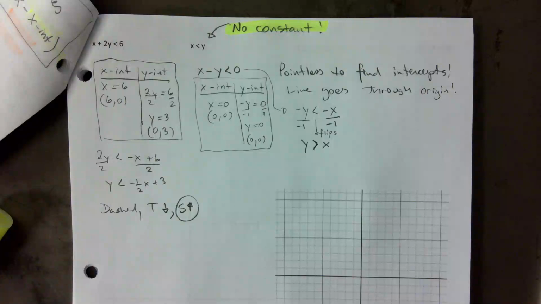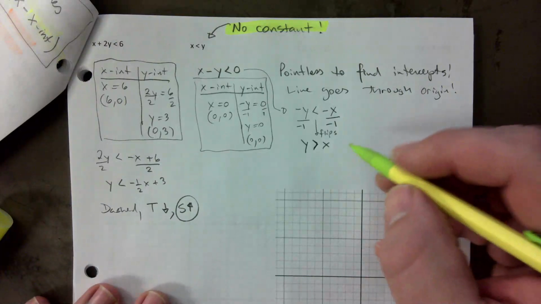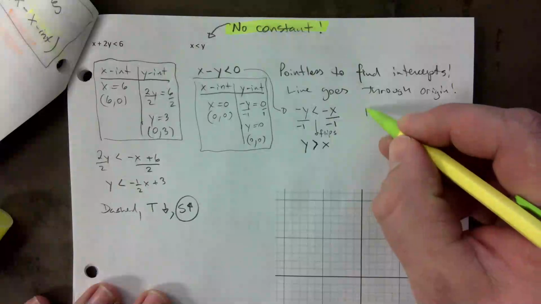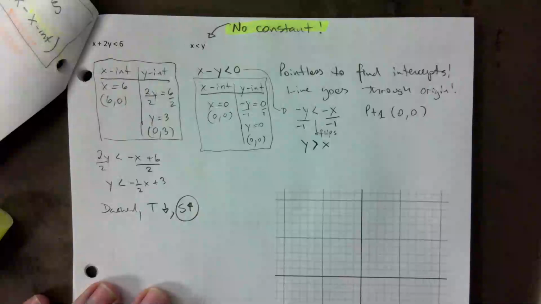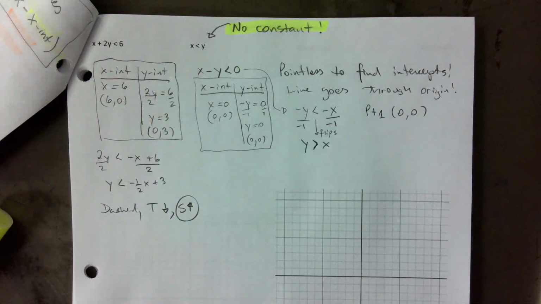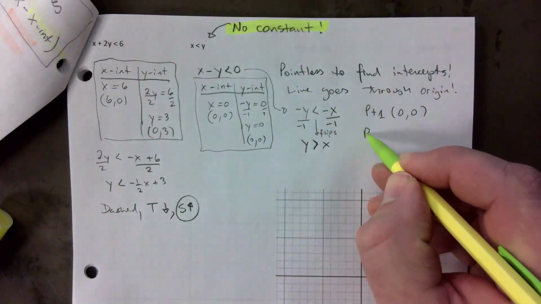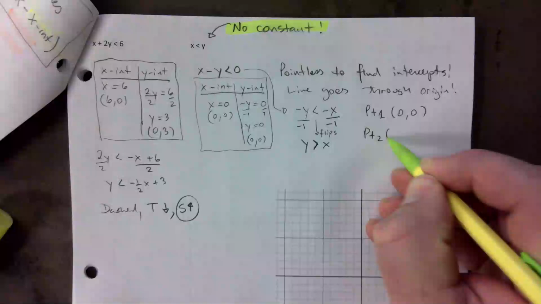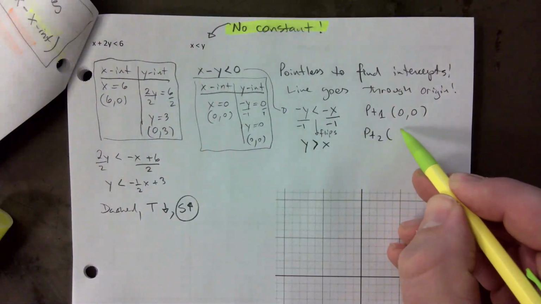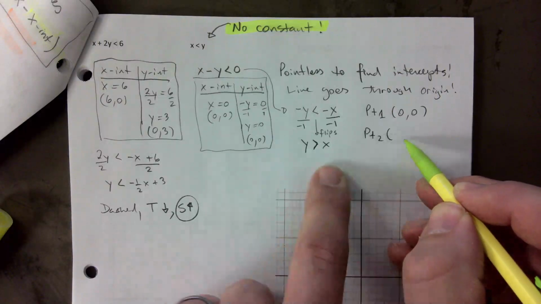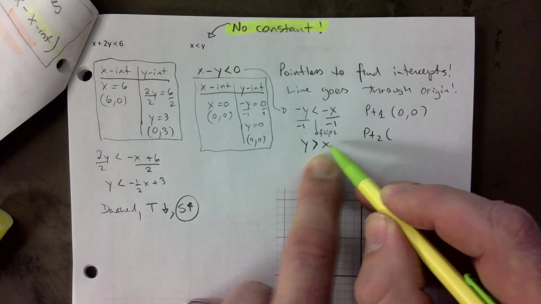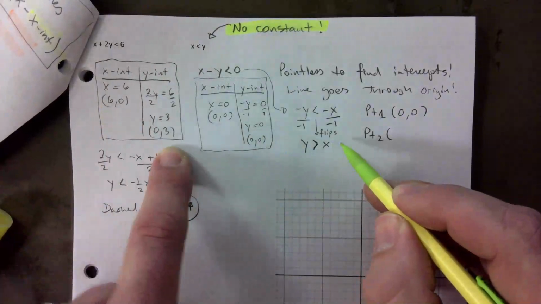So what you do here is you just get a second point. Point number 1 is going to be 0, 0 for sure, but you need a second point. So what you can do is decide anything you want for x. Choose anything you want. Let x be something. And I'm looking at my other values. They're not too big.